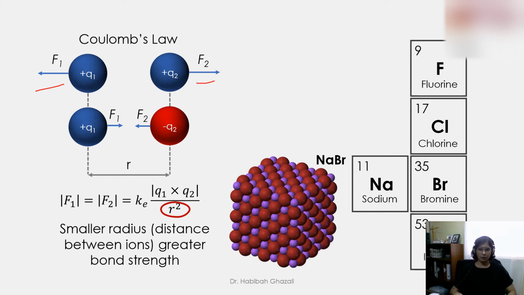Again, you can see the sodium ion here is going to be the same size, but the bromine has a bigger radius. With the atomic number, you know that the radius of that atom is going to be bigger. So the distance between them is going to be bigger as well. So the lattice energy is now going to reduce.